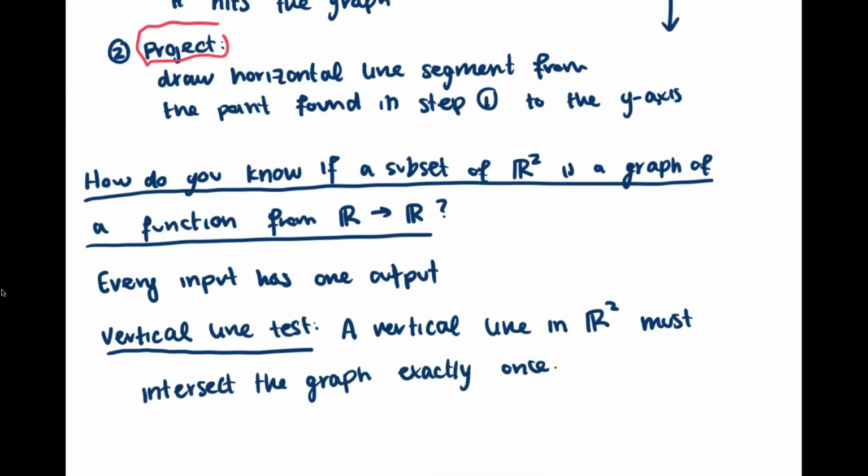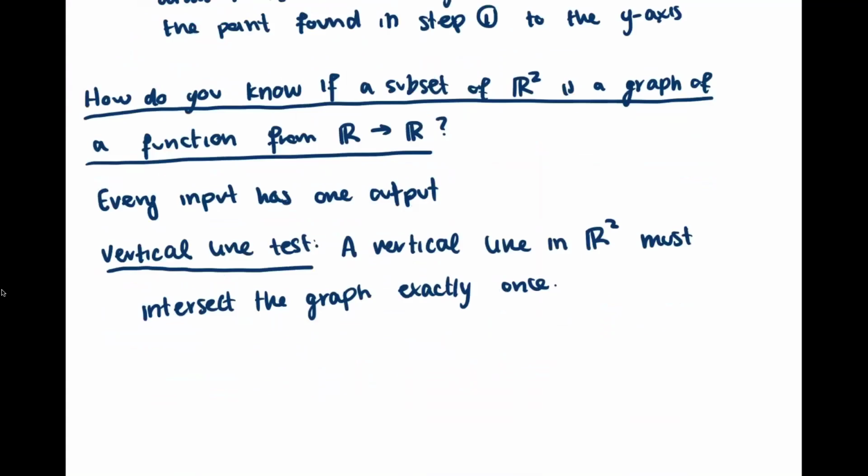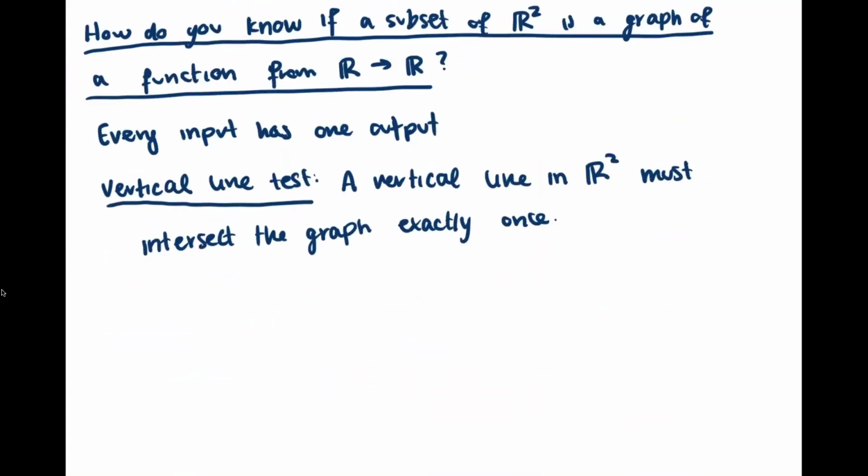If a vertical line intersects the graph more than once, then that means it's not a function, because that input had two or more outputs. So that's not a function. And furthermore, if I don't intersect the graph anywhere, then that is an example of an input that has no output, which also isn't allowed. So let's look at some examples.